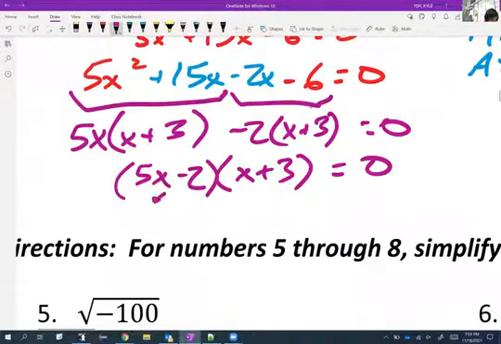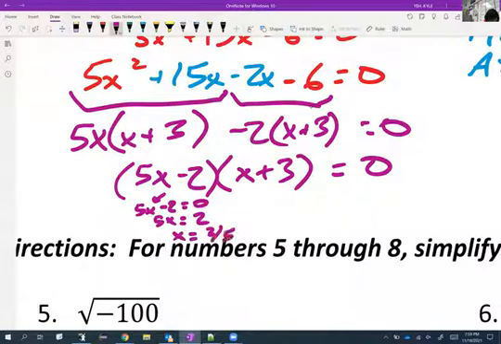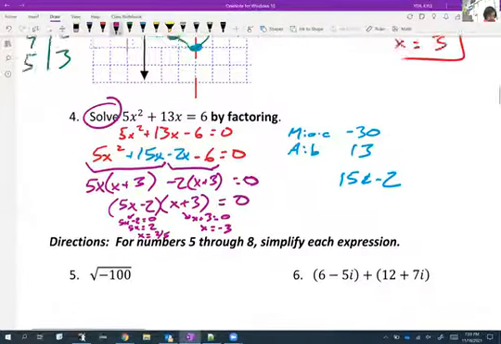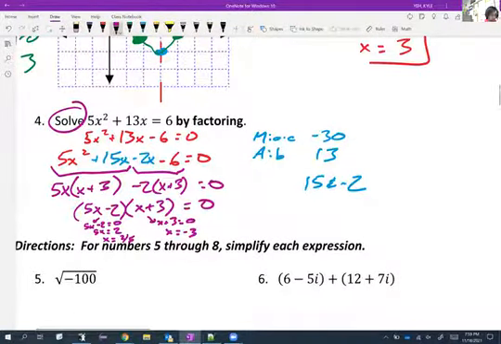So if you remember, we're going to go 5x minus 2 equals 0. What would make that equal 0? If 5x equaled 2 and if x equaled 2/5. So there's one answer, 2/5. My other answer, what would make x plus 3 equal 0? If x were -3. So -3 or 2/5 seem to be our solutions solved by factoring.